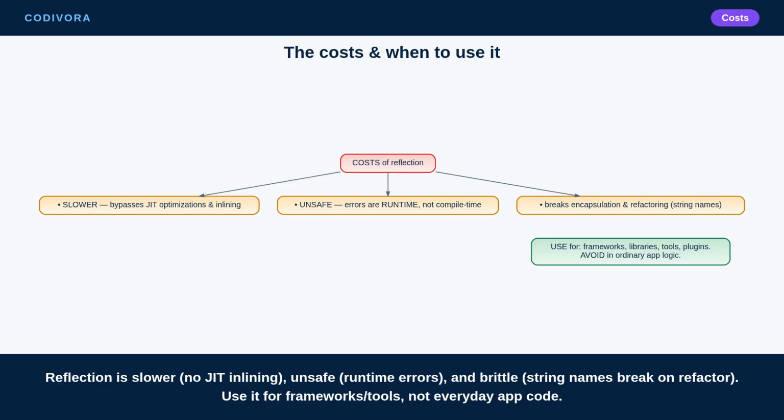So the rule: reflection is for frameworks, libraries, tools, and plugin systems, code that must work with types it can't know in advance. In ordinary application logic, prefer normal typed calls, interfaces, and polymorphism. They're faster, safer, and clearer. Reach for reflection only when there's genuinely no compile-time alternative.